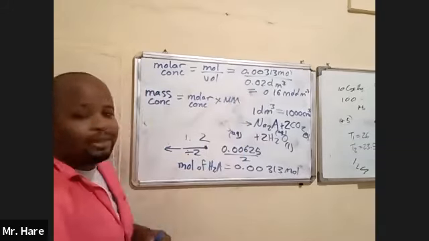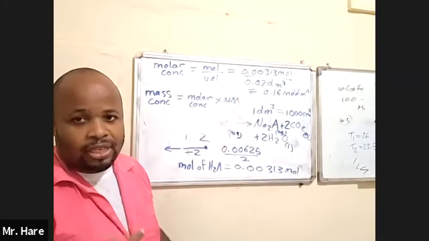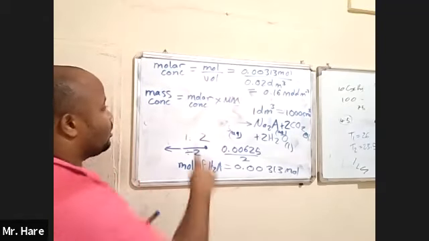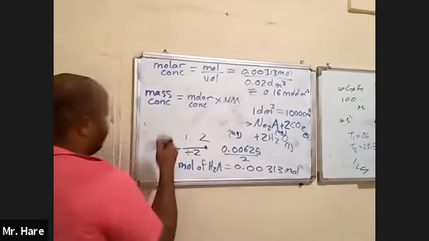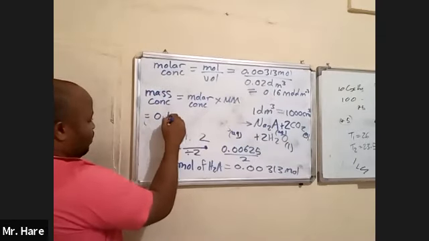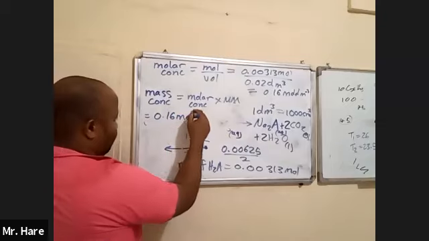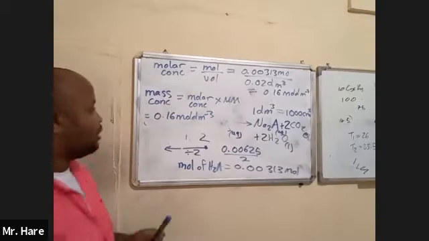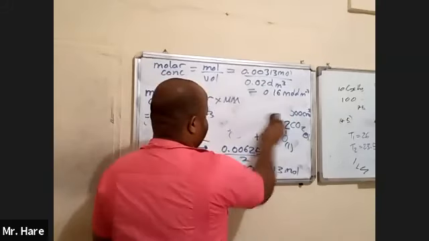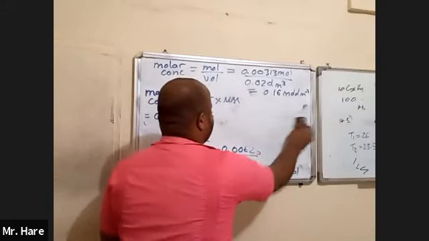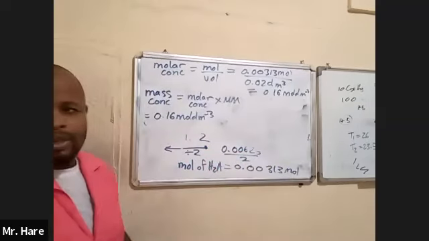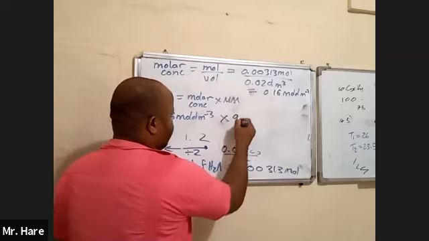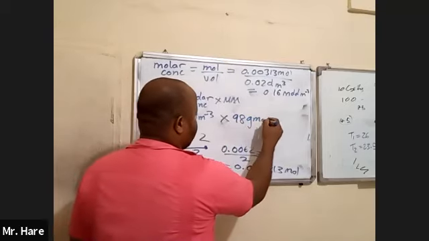All right. Let us just say that the acid is sulfuric acid, right? So the concentration is 0.16. That's the molar concentration times the molar mass. So it would be 0.16 times 98 gram per mole.